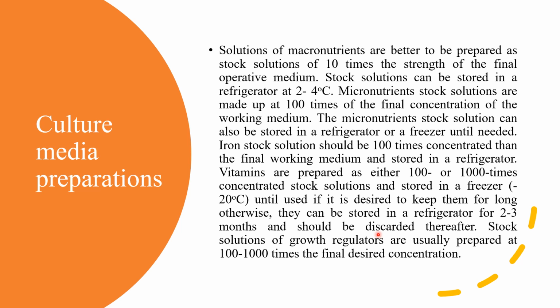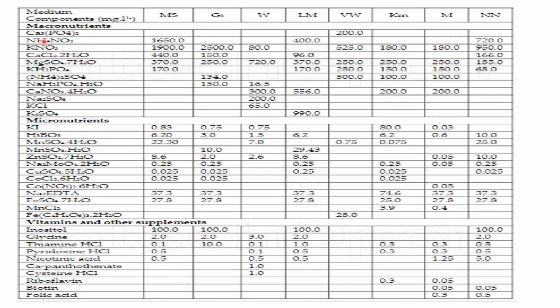It is desired to keep them for long. They can be refrigerated for 2 to 3 months and should be discarded thereafter. Stock solutions of growth regulators are usually prepared at 100 to 1000 times the final desired concentration. This is the medium composition.